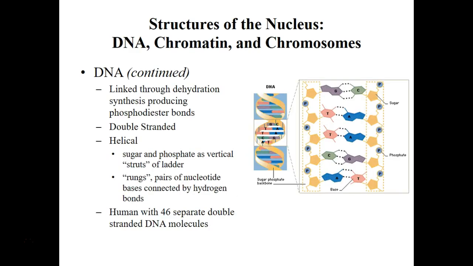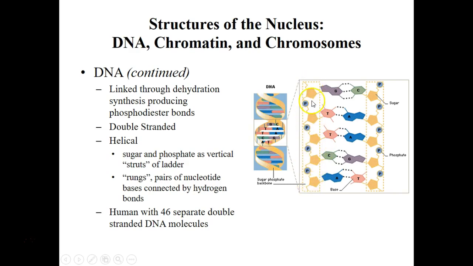So the phosphodiester bonds, which form on the backbone and hold the DNA together, or hold the single strand of each side together, are formed by dehydration synthesis, and they bind sugar and phosphate, sugar, phosphate, sugar, phosphate. The sugar is called deoxyribose, and then we have a phosphate.